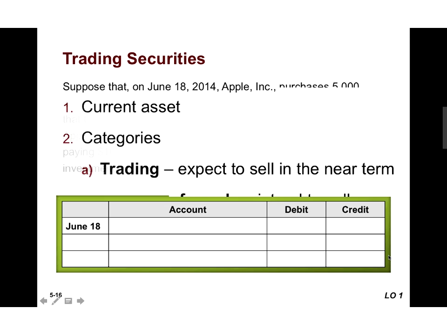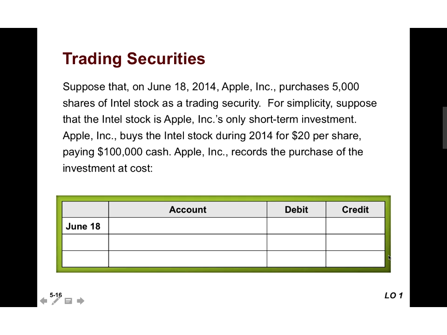Okay, so that said, we've got some examples of what we're talking about when we talk about investments in trading securities. Let's say that on June 18th, Apple purchases 5,000 shares of Intel stock as a trading security. So right there you're told we're doing the accounting for Apple because we're looking at this as an investment.